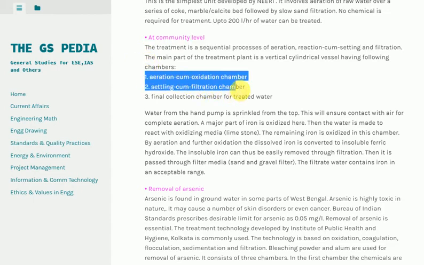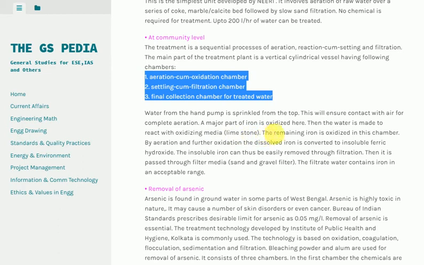Settling filtration chamber. 3. Final collection chamber for treated water. Water from the hand pump is sprinkled from the top. This will ensure contact with air for complete aeration. A major part of iron is oxidized here.